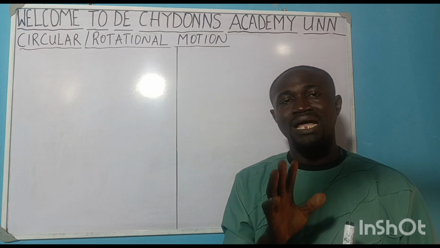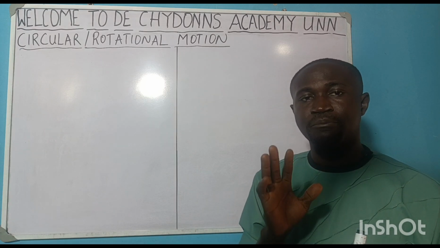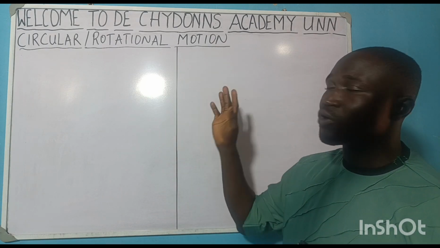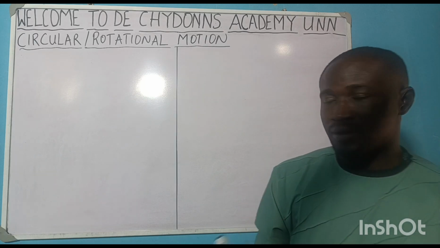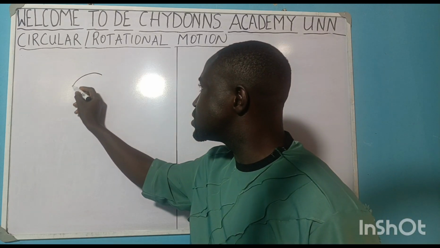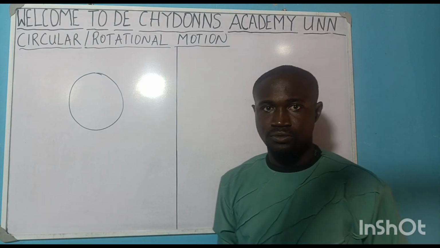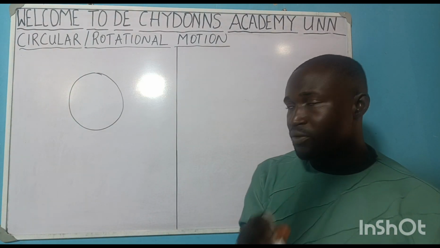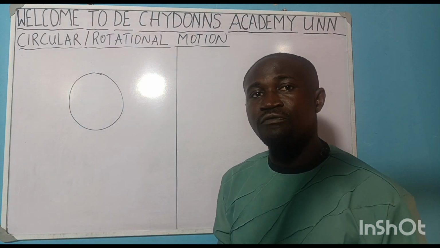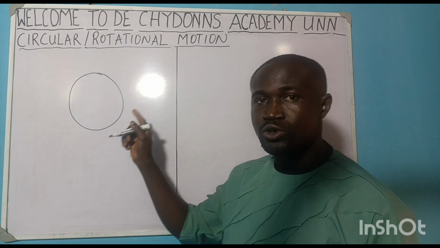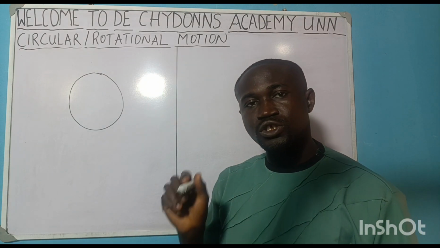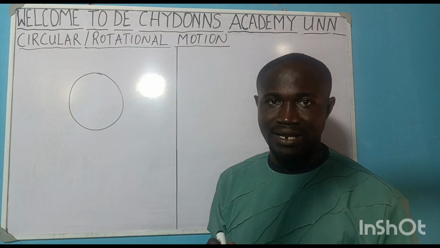Now, it's important for us to note the following points about this circular or rotational motion. One, the velocity of a body undergoing circular motion is not constant. It varies.